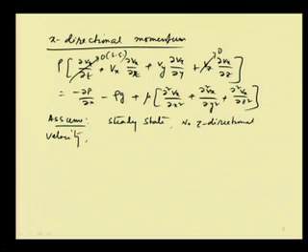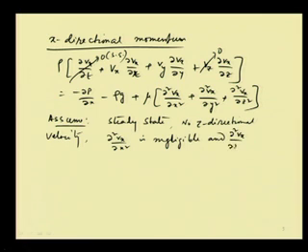And then we will assume that del square Vx by del x square is negligible, and del square Vx by del z square is also 0.